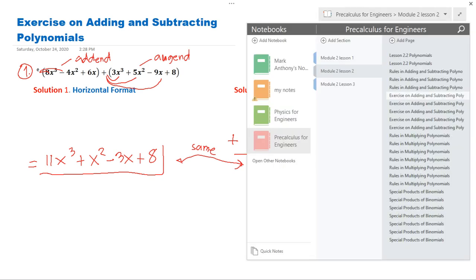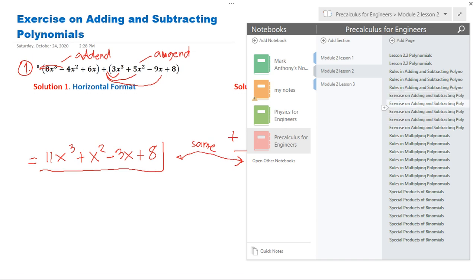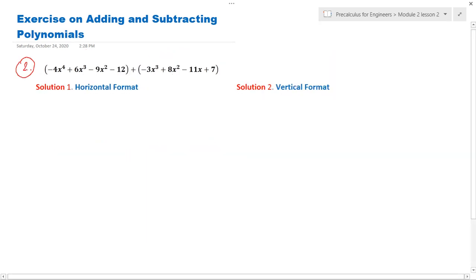So on the next example, again, we will add, but this time I will show you only the horizontal format. So in your respective homes, just practice the vertical format or just prove whether you arrive at the same answer. For the horizontal format, that's the one I will teach.